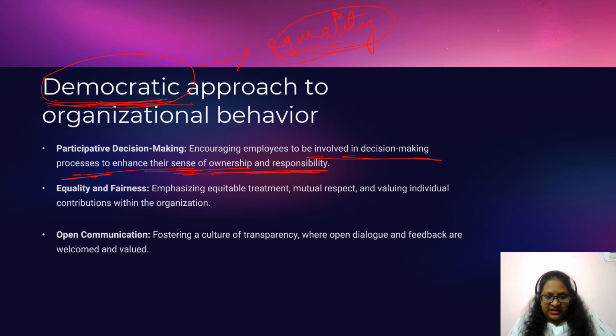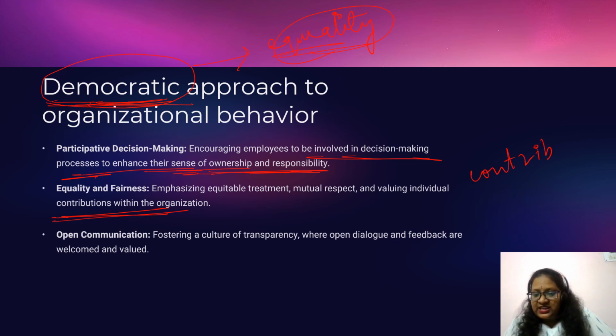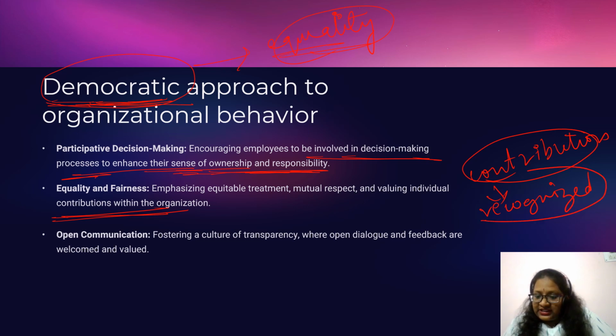Equality and fairness, emphasizing equitable treatment, mutual respect, and valuing individual contributions in the organization. Whatever contribution is made by an individual is valued and recognized by the organization, so that we give equal importance to everybody in the organization.